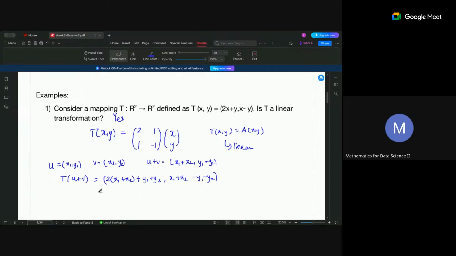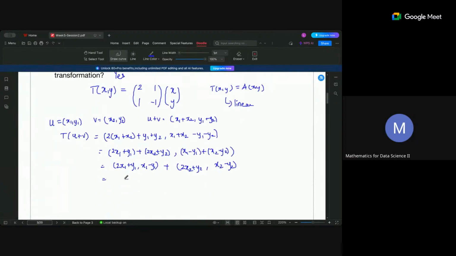Now you just split it and write, rearranging the terms: (2x1 plus y1, x1 minus y1) plus (2x2 plus y2, x2 minus y2). Now what is your first term? Your first term is nothing but T of u and the second is T of v.